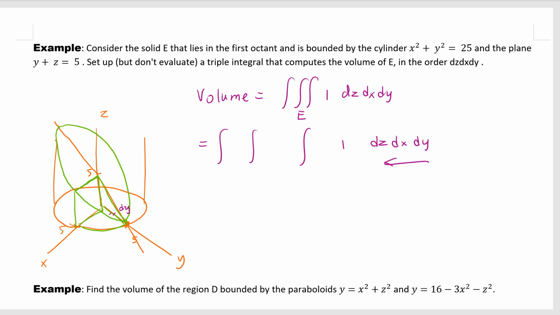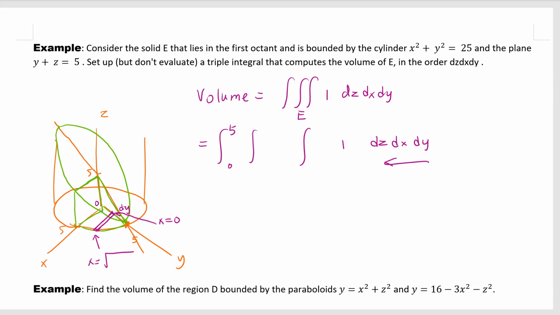So this rectangle is on the xy plane. Here, this is the rectangle. Now let's see. y goes from 0 to 5. And then how about our x? Well, here, x is 0. Here, this is on the circle of the xy plane, and you want to solve for x in terms of y.